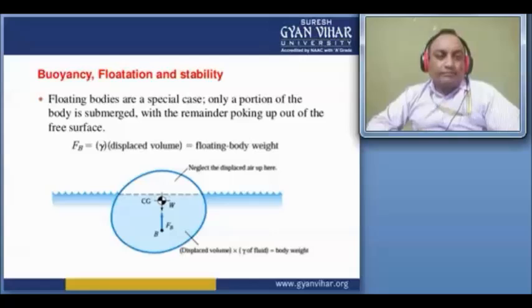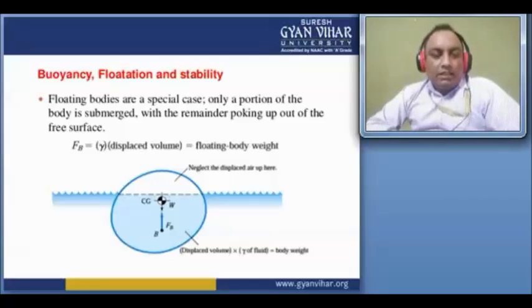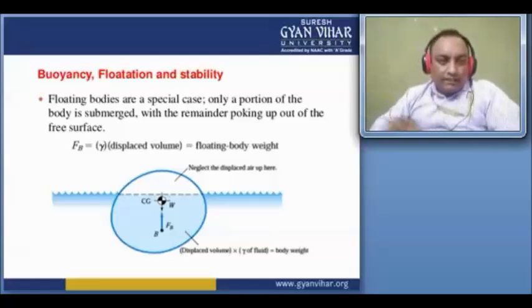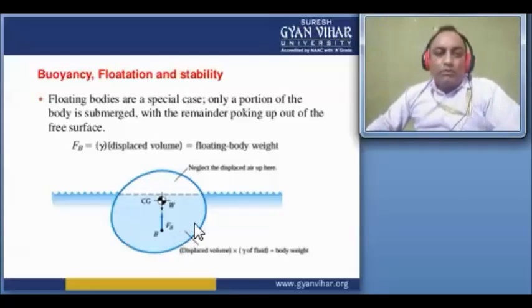Here we can define this body with the help of the center of gravity, and one more force is the buoyant force. If the weight of the body and the buoyant force both are equal, then the body always floats on the liquid, right?